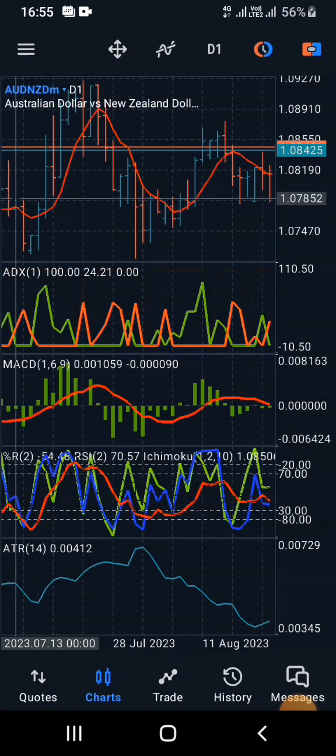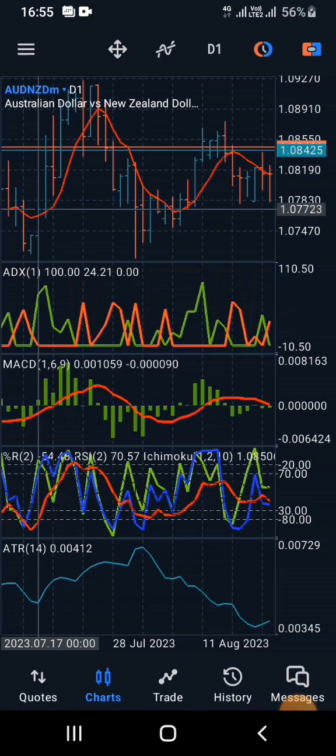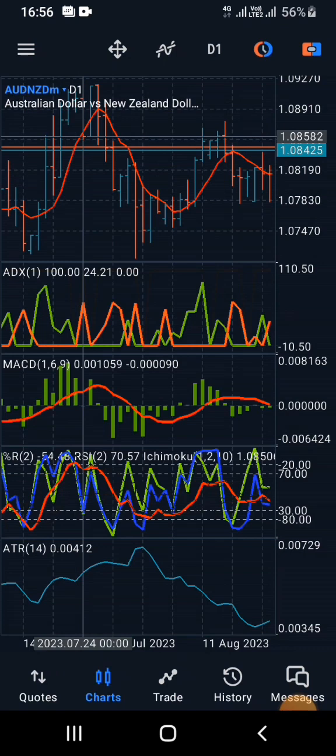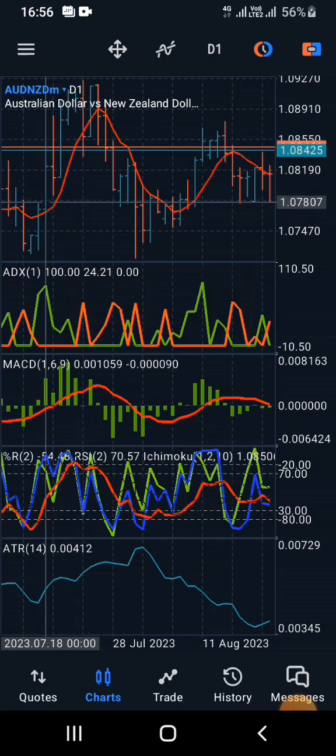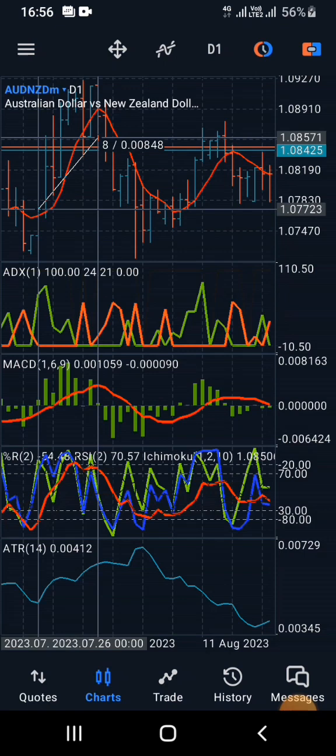So if we did enter long here, we would have exited somewhere here, definitely, because here we have short, and basically we have exited here. And how many pips will we have locked in? We would have locked in around 85 pips, which is not bad.